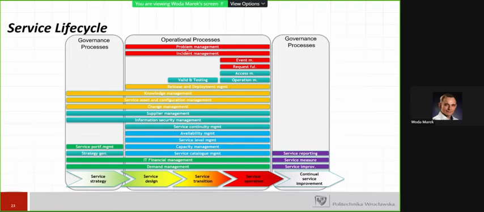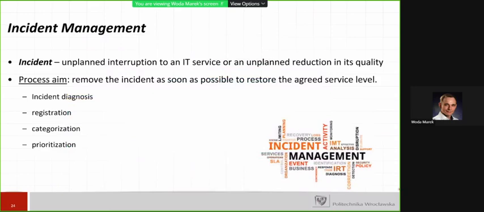However, incident and problem management, which we'll be discussing, and change management or others are, for example, in certain few phases, like service design to service operation and so on. So this is just to give you a glimpse. For example, change management is a little bit longer because it stretches through all of them, and knowledge management as well. But we will have a look in a moment at what these processes are. Should you have any questions, just feel free to ask. If you don't have any questions, we can continue.